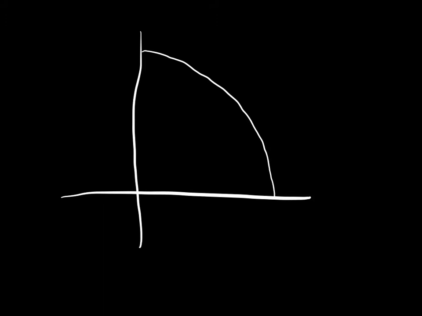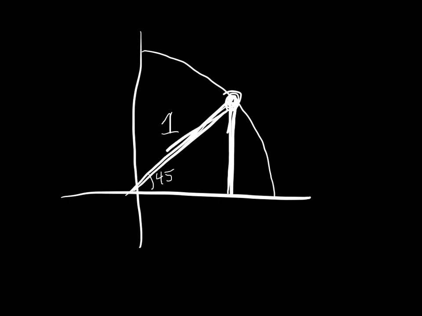I'm going to do this one a little bit faster. But 45 degrees here makes us a right triangle. What is so great about this right triangle is that we have the same length on the legs, because as soon as I fill in 45 degrees here and 90 degrees here, I've got no choice but to fill in 45 right here.